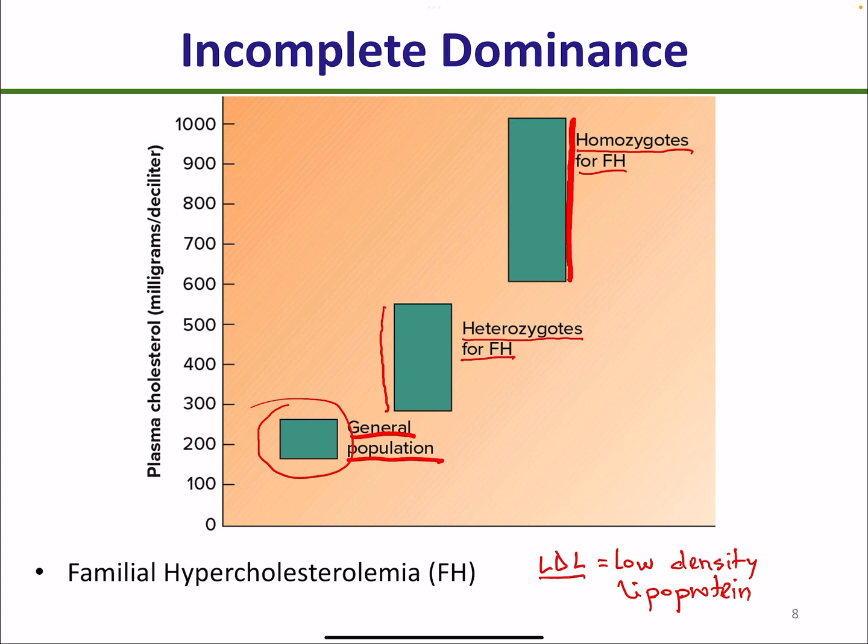They're going to have stroke. They're going to have many kinds of cardiovascular problems because of those high levels of cholesterol. They're going to have plaques, atherosclerosis in their blood vessels.